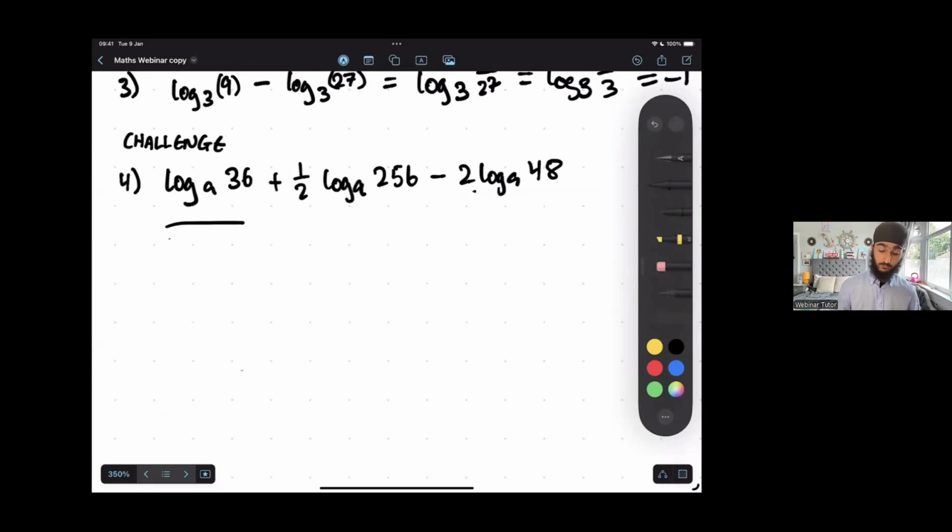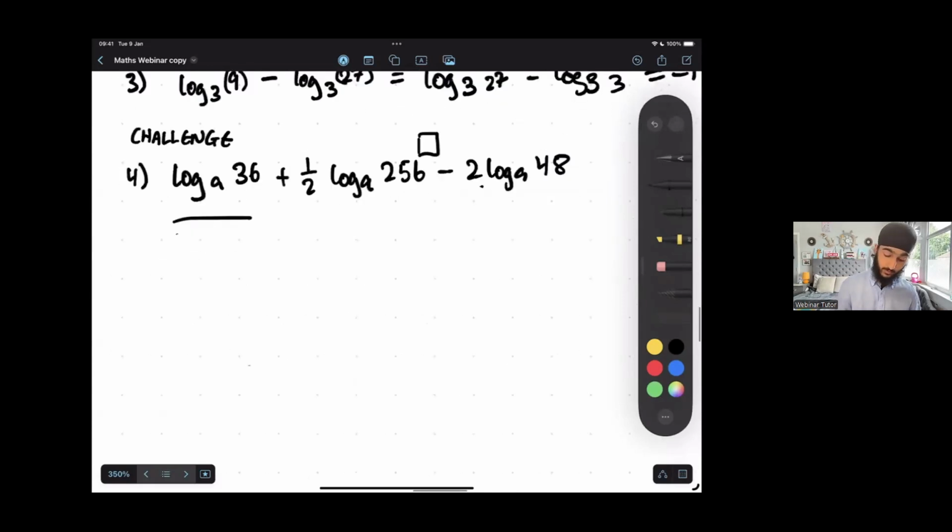And I know from my log laws that that would have come from here, because that would have been removed. So we can put that back there and see if it does anything for us. We get log base a of 256 to the half. And I know that that just means the square root of 256 from my log laws. So I know that that's 16.